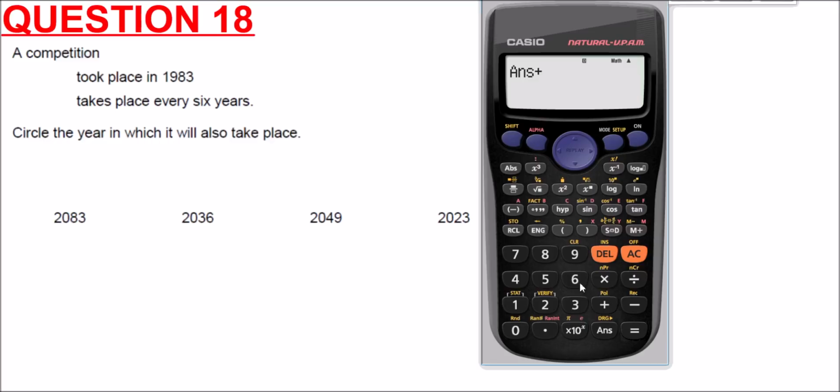That's not there. 2031. 2037. 2043. 2049 is in the list though, so we can circle 2049 as when the competition would take place.